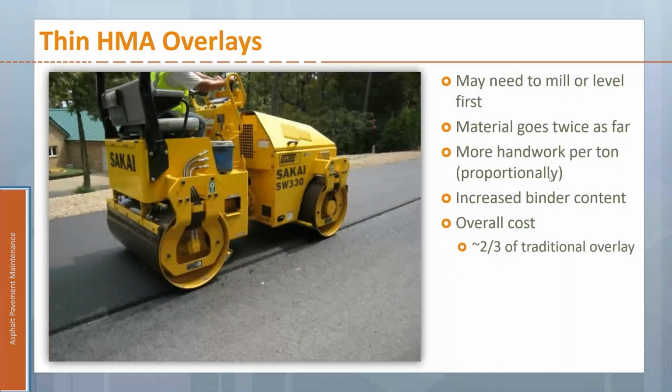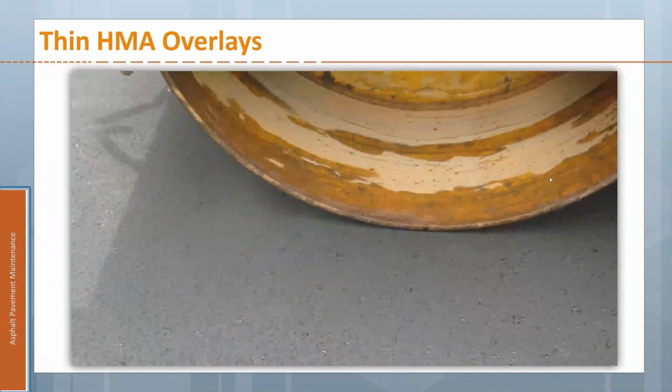So again, this is just like anything else, but the difference is you use less material, it goes twice as far, but you can't just cut the cost in half because all of your handwork, your labor, and that kind of thing, you've got all of that for twice as much roadway. And also because you have smaller aggregates, there's a little bit more surface area, so you'll have higher binder content for this 4.75 or quarter-inch thin lay. So overall, I would say on average, that cost ends up being about 2/3 of the traditional overlay.